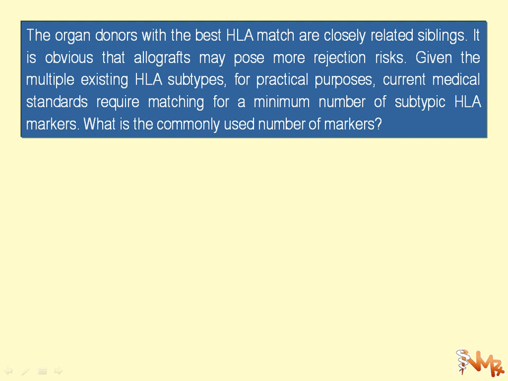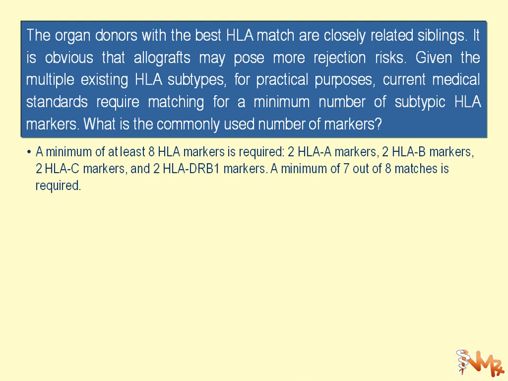What is the most commonly used number of markers? I've already briefly covered this for you, but let's go through this together. A minimum of at least 8 HLA markers is required. Normally we use 2 HLA-A markers, 2 B markers, 2 C markers, and 2 DRB1 markers.